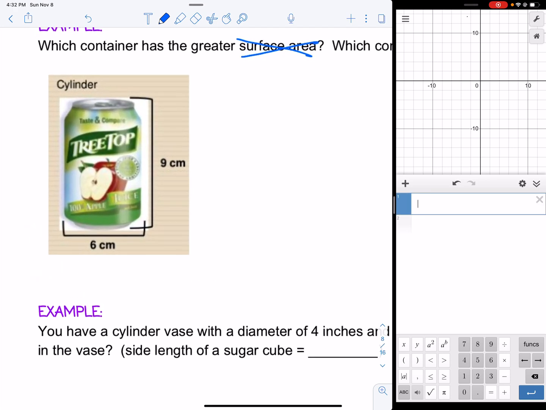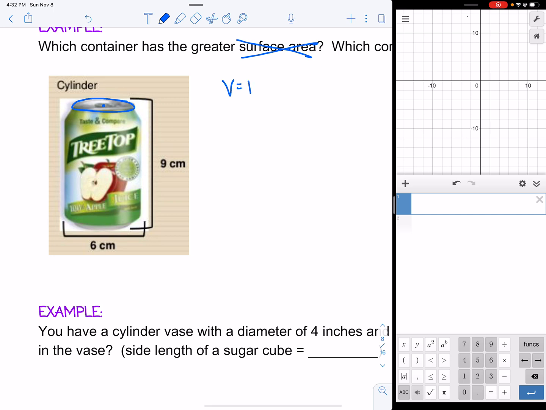So this first one is a cylinder container. So remember, a cylinder has a base that's a circle. So we've got to find volume, which is the area of the base times the height. And the area of the base, which is a circle, is pi r squared in this case. And then we're going to multiply that by the height. Now they've told you that the entire width of the can is 6 centimeters.